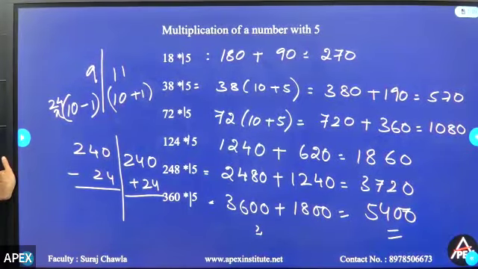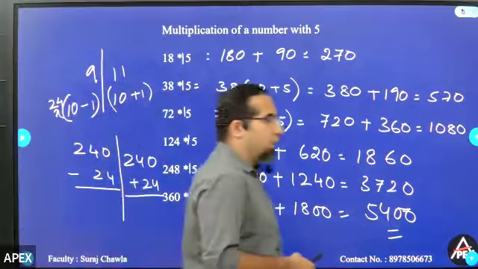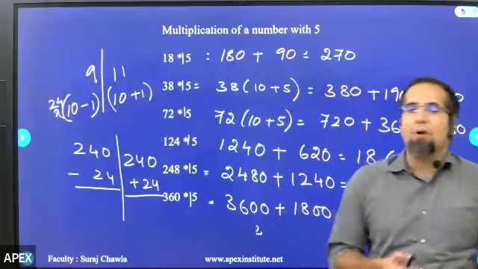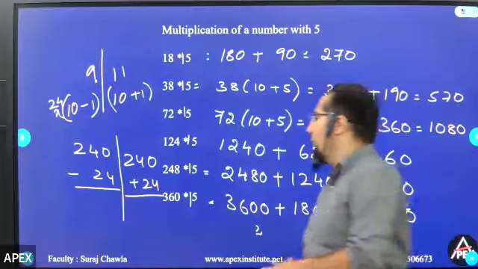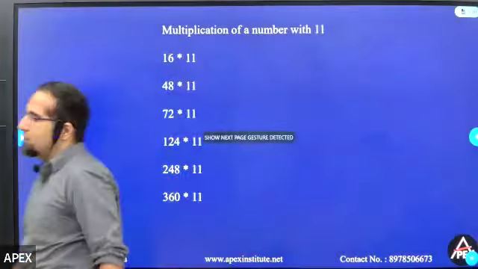Clear? More than the answer, I repeat, I want you to understand the process. Clear? So three connected processes: multiplication of 9, multiplication of 11, and multiplication of 15. Sure? Right? Take a minute, solve this, please.